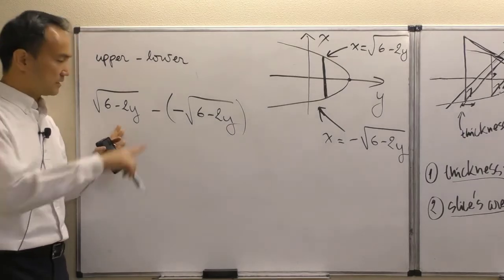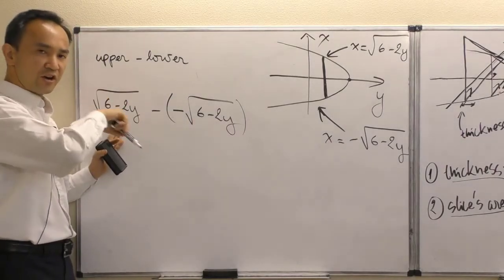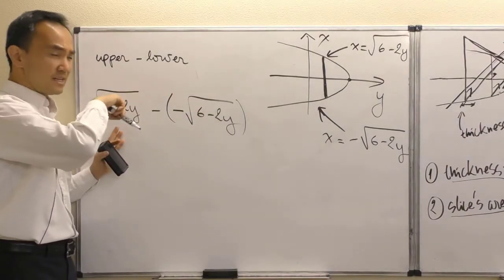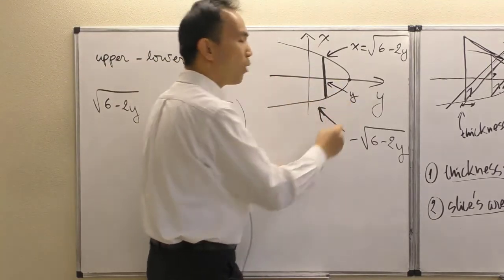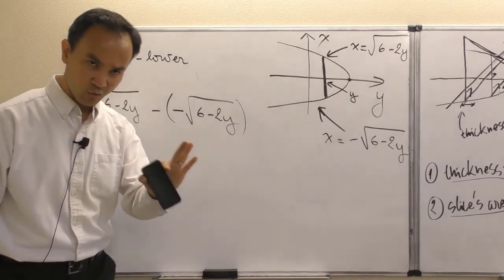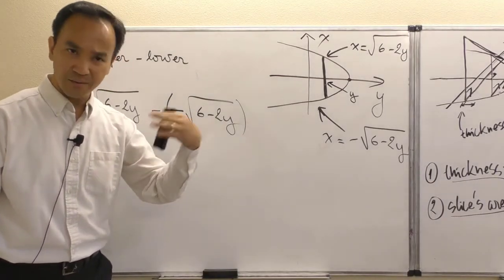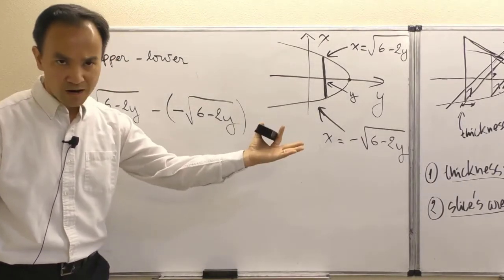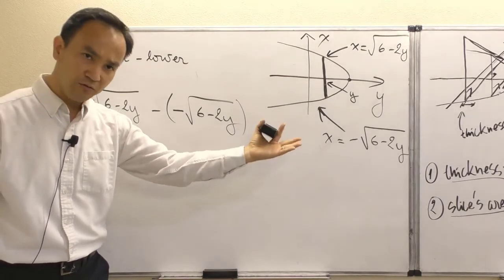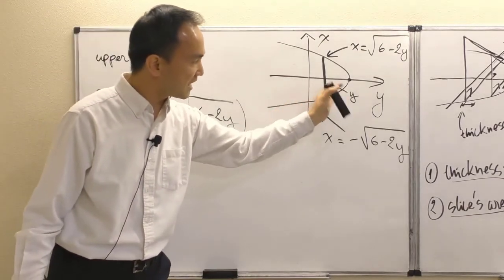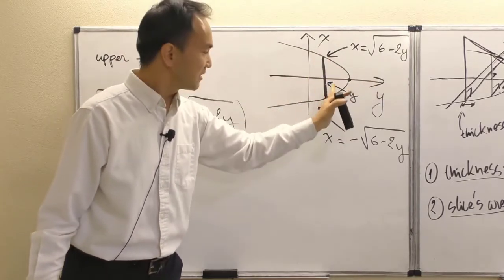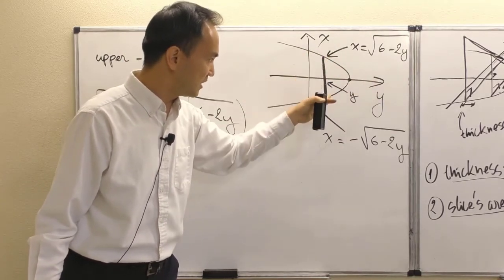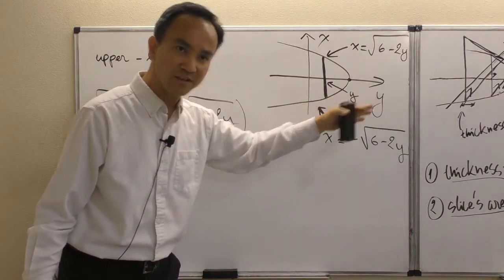This is a generalization of the length of any stripe, depending on where we put the stripe at any y value. In this problem it's called a y value; in another problem it could be the u value. But wherever we put our stripe on the major axis, that length is measured in terms of the variable of the major axis.